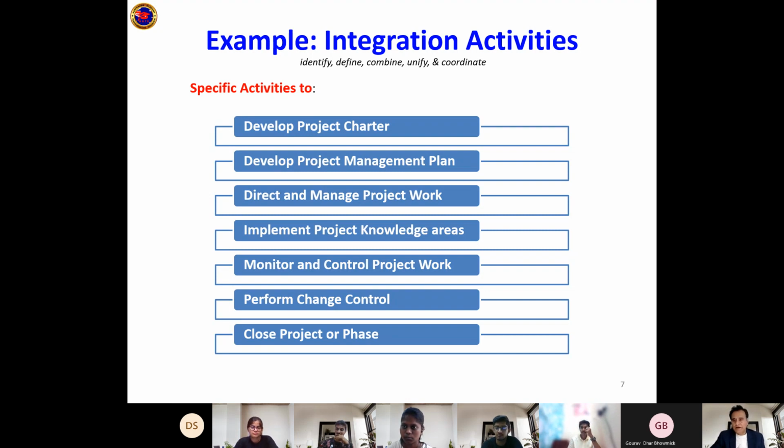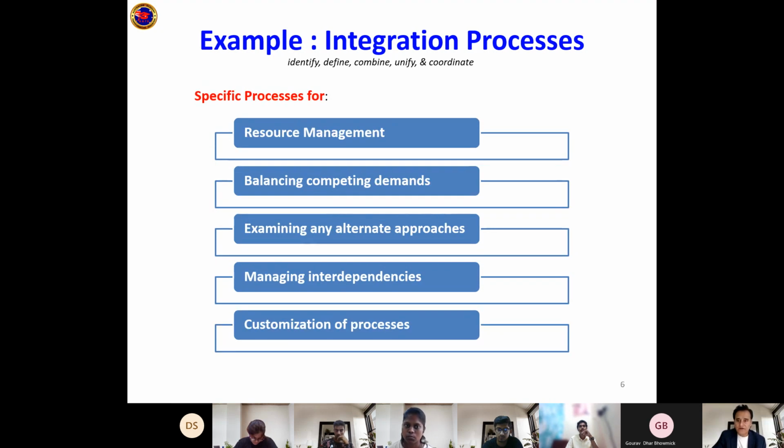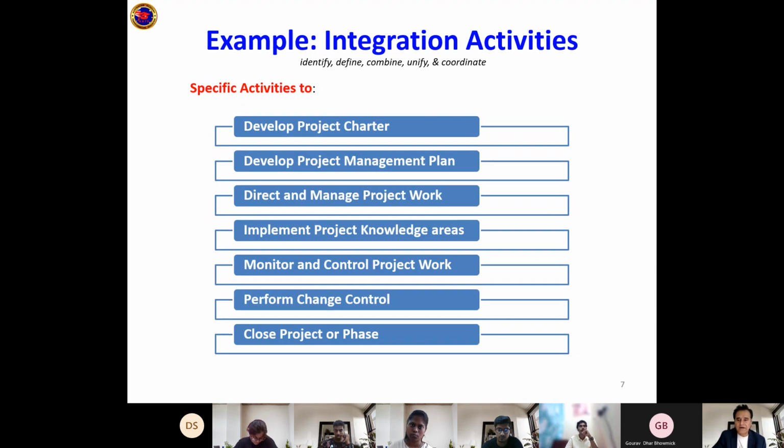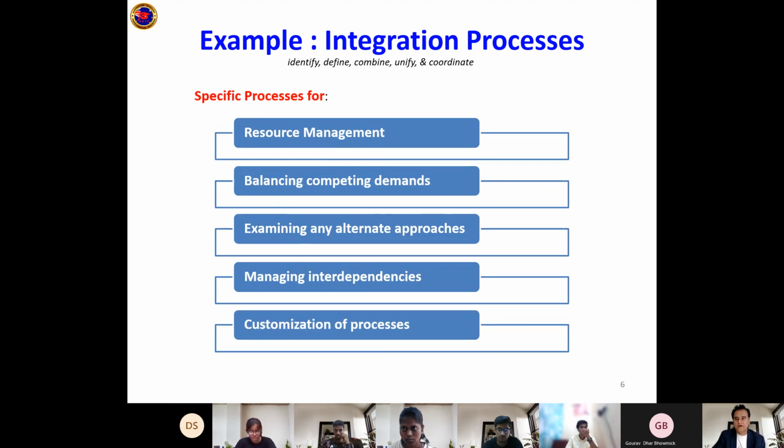So I'll stop for a minute and I want you to reflect on some of them in terms of the aquaponic project, just to apply the processes and the activities. Let's see how much you have absorbed. Give an example of resource management in the aquaponic project.